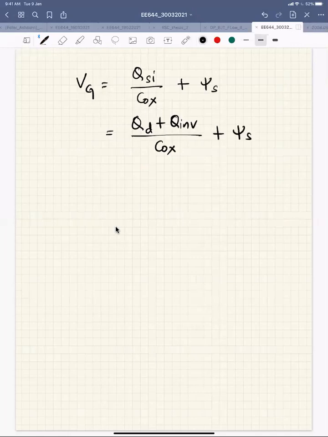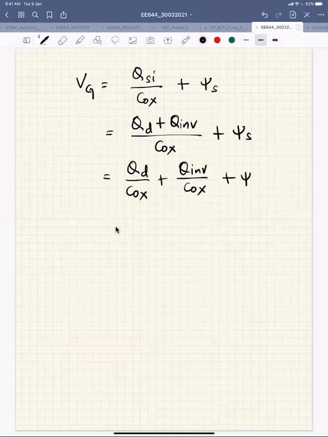If I want to define threshold voltage, I told you threshold voltage is the gate voltage where the number of electrons at the surface becomes Na, the doping of the substrate. Let me write: Qd by Cox plus Q inversion divided by Cox plus psi s.